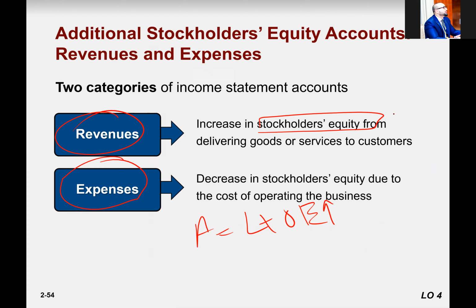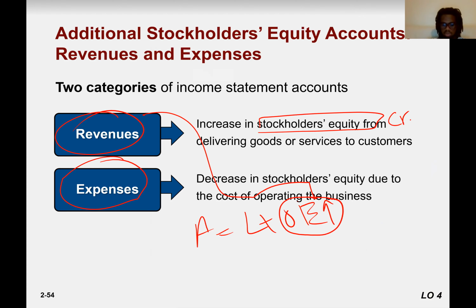Revenue is credit. Because revenue belongs to owner's equity, an increase in revenue means an increase in owner's equity. Remember, an increase in owner's equity means credit. So if there is a sale, we credit the sales.